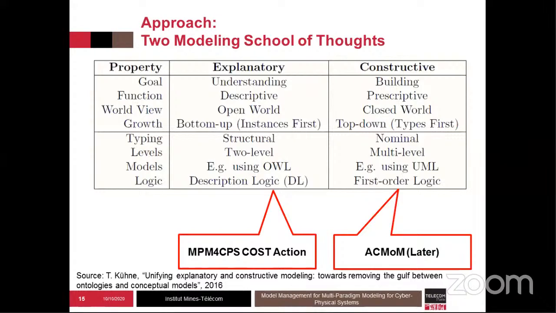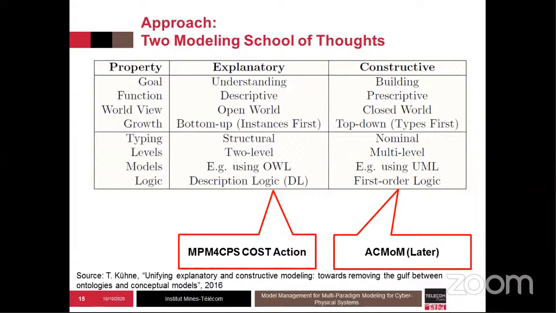In other words, you start from what exists and try to explain it. You're in the open world assumption, in the sense that you don't know in advance what the types are, and you try to infer this classification out of what exists. And for this, you use a language.